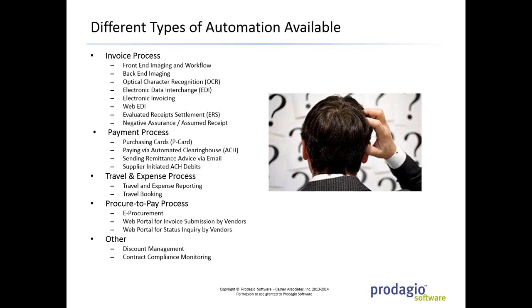Well, those invoices that come in an unstructured form, whether it's a paper invoice or a PDF attachment, optical character recognition is a technology that can be used to replace the process of a human being reading, interpreting, and keying in the information. Electronic data interchange has been around for about 40 years, actually a little bit over 40 years.